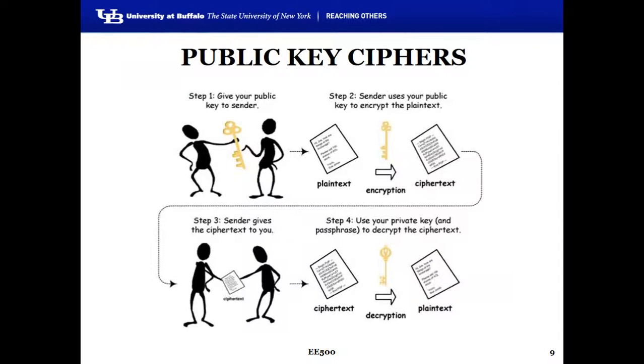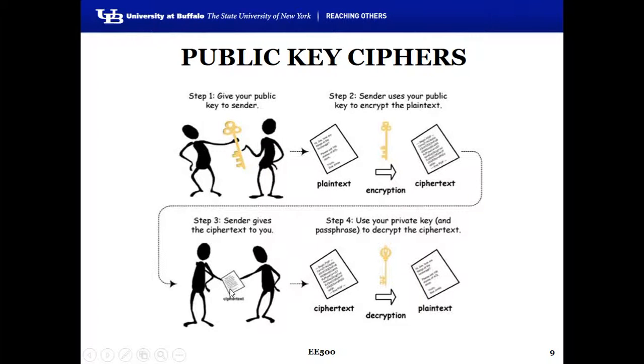Moving on to public key ciphers. Now a public key cipher is a little different from symmetric key. Here there are two steps. The first is the receiver gives the public key to the sender. The sender uses that public key to encrypt his data and then gives it back to the receiver.